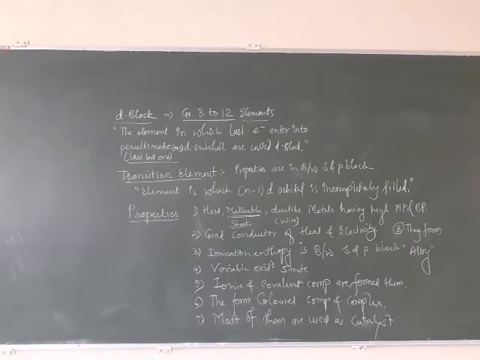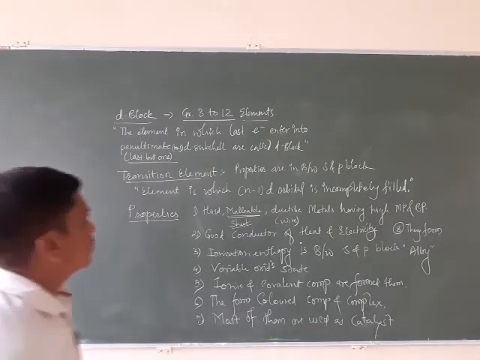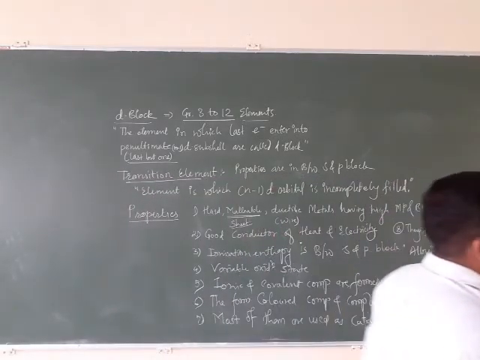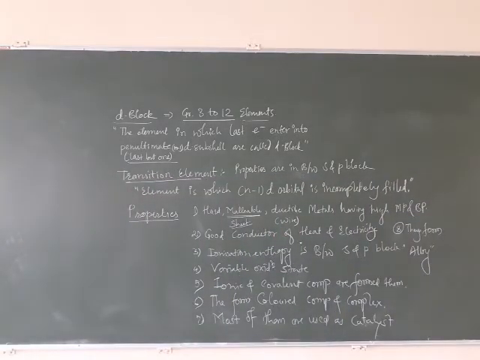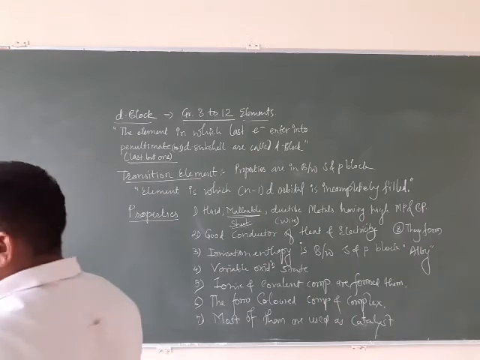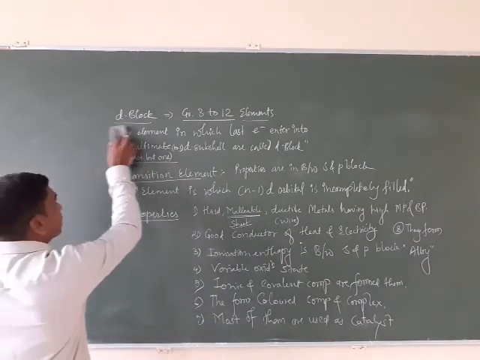Now, what have we studied? We have studied the definition, another name for a D block element, and some properties of D block elements. Now, the D block elements are further classified.